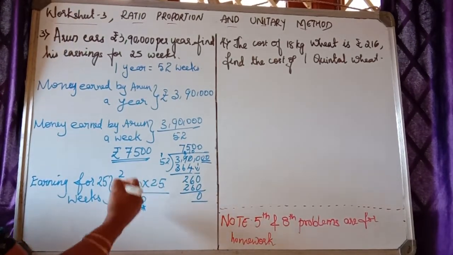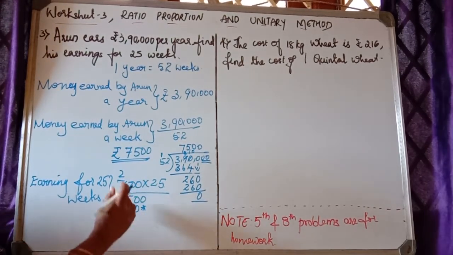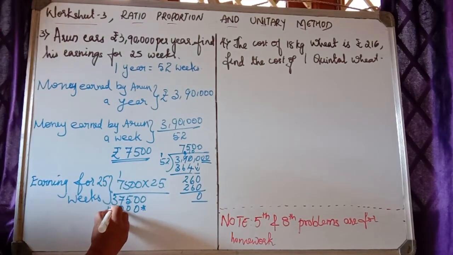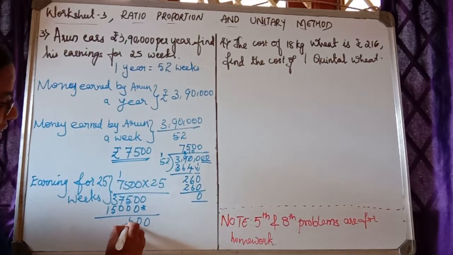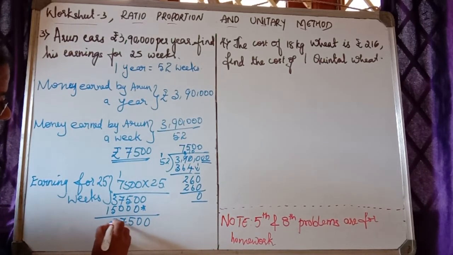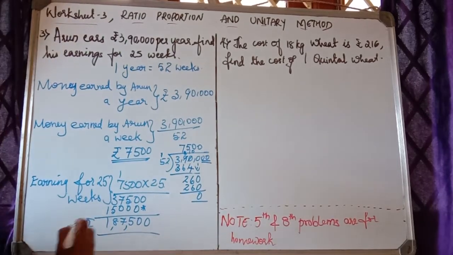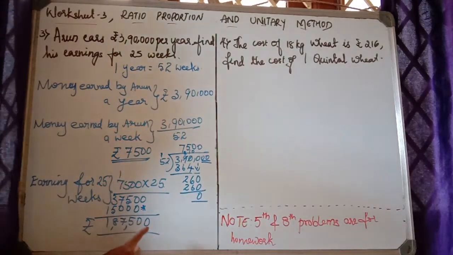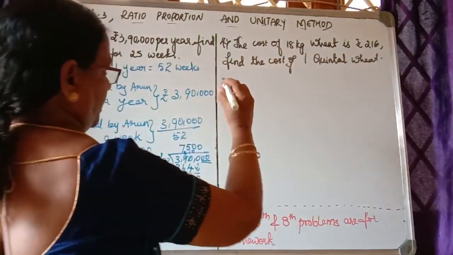Now we will multiply with tens. 0, 0, 2 5s are 10, remainder of 1, 7 2s are 14 plus 1, 15. Add it, 7, 8, 1. What is he earning for 25 weeks? 1,87,500. Now we are going to solve the fourth sum.